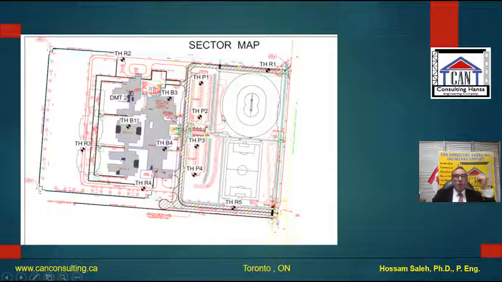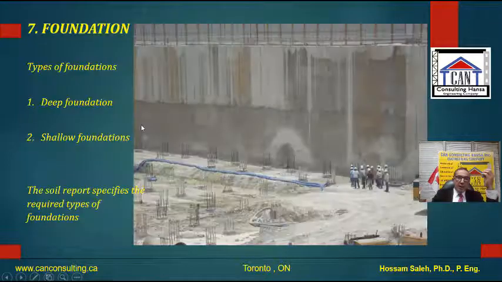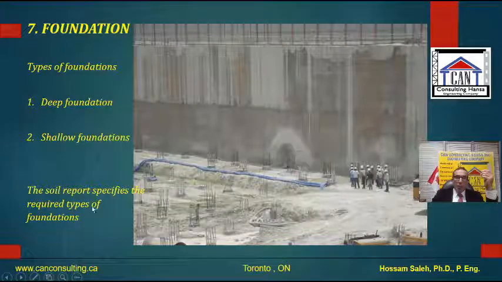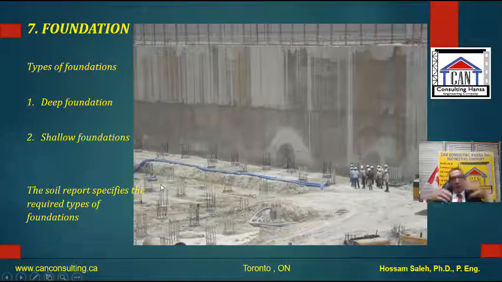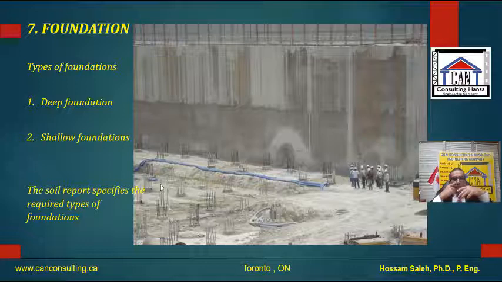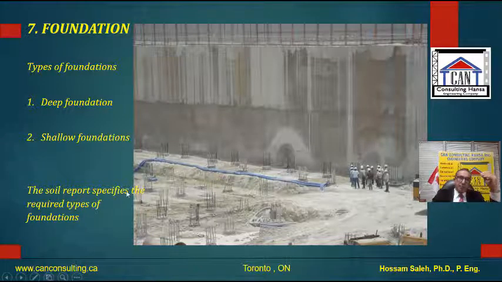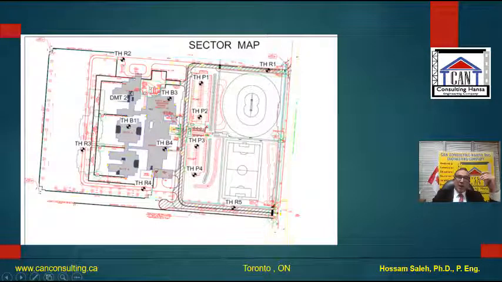Now, the soil report can specify the type of the foundation. So when you have the soil report, you will have something like that. You will have a map, and you will have testing holes, and you can have bore holes, and they give you the total map of the project.